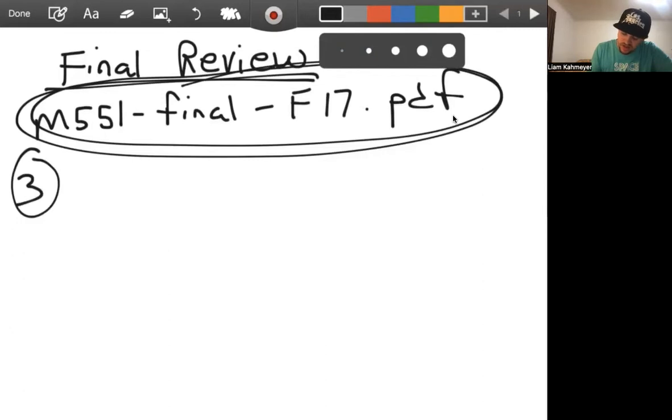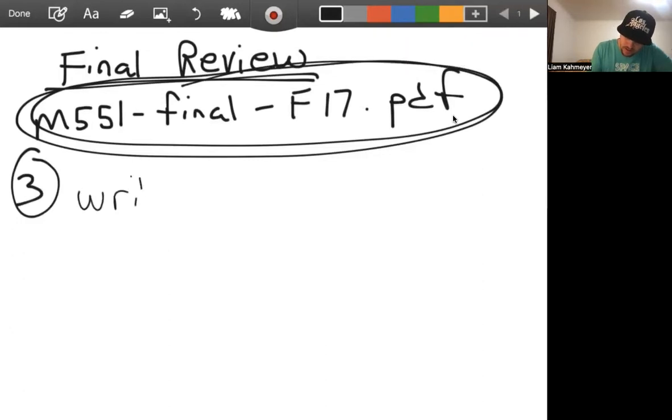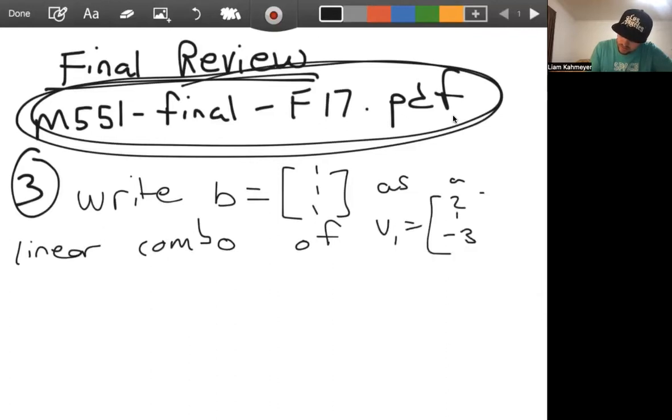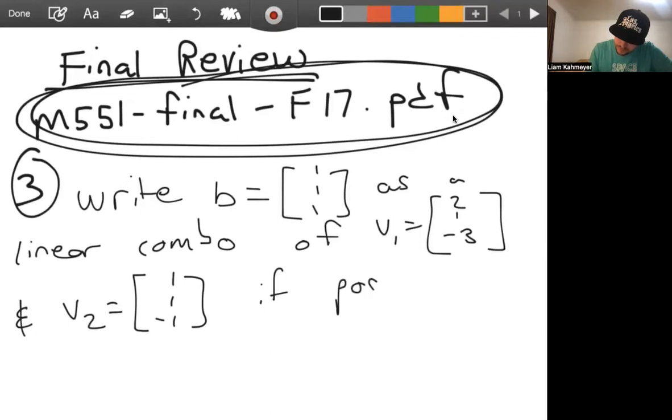And number 3 says, write the vector b, which is given by 1, 1, 1, as a linear combination of v1, which is given by 2, 1, negative 3, and v2, which is given by 1, 1, negative 1, if possible.